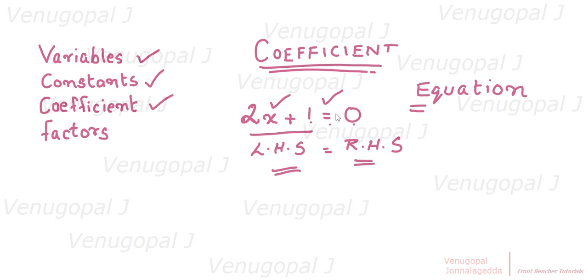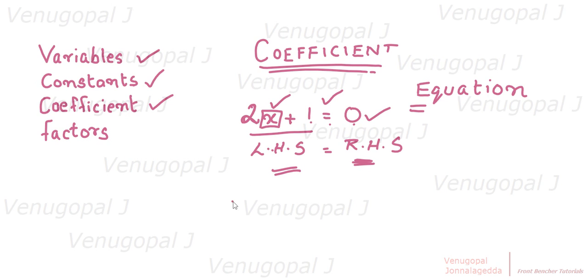At that point this left hand side becomes equal to the right hand side. Let me rephrase this again. Since you understand that this x part is the variable part, there is some value which, if I put in this equation, makes the left hand side equal to the right hand side.